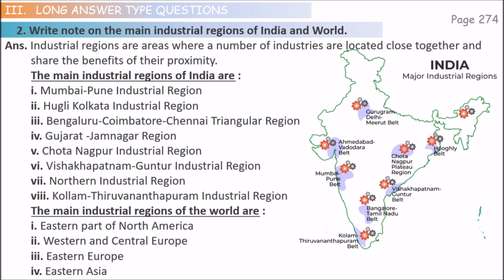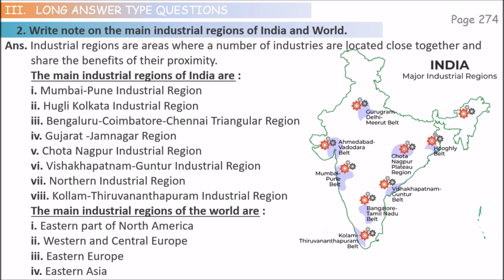Number 2. Write a note on the main industrial regions of India and the world. Answer. Industrial regions are areas where a number of industries are located close together and share the benefits of their proximity.